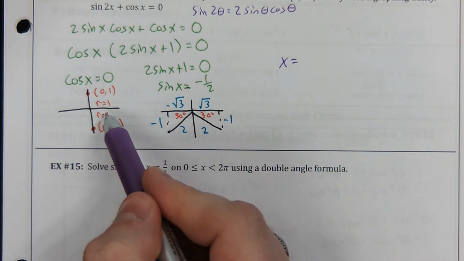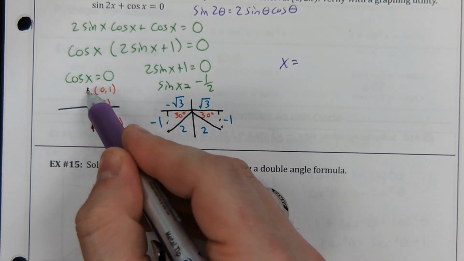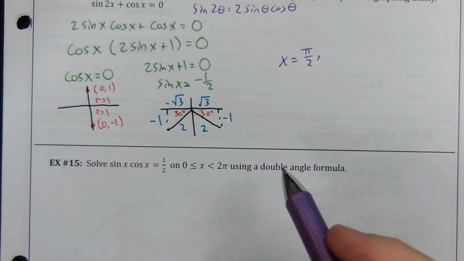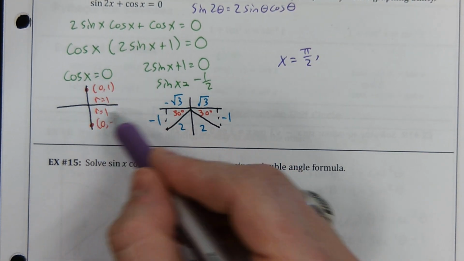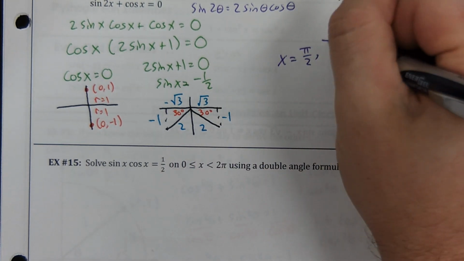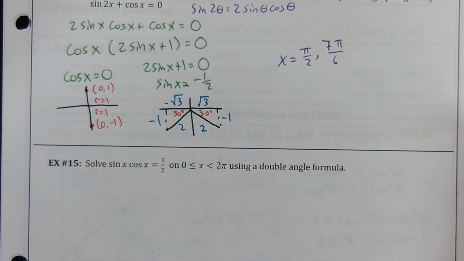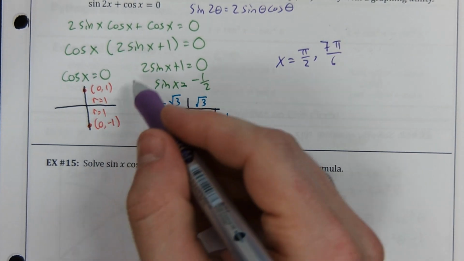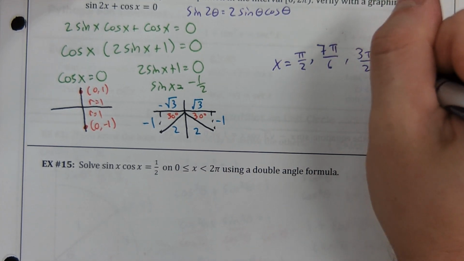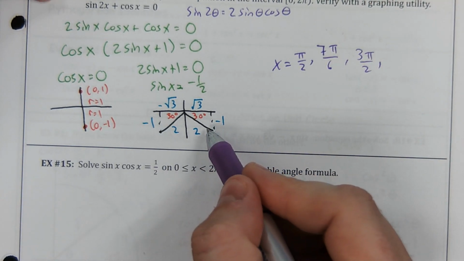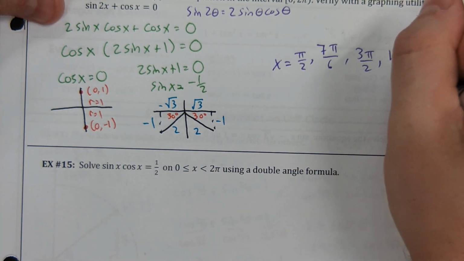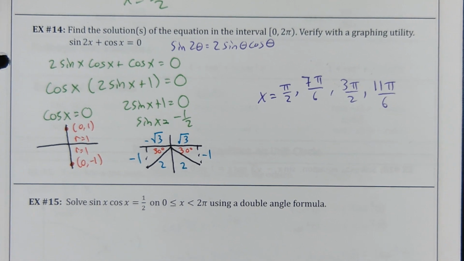The first one as we traverse our circle is this one, pi over 2. The next one is here at a pi over 6 after pi. Then here at 3 pi over 2. And lastly, a pi over 6 before 2 pi. 11 pi over 6.